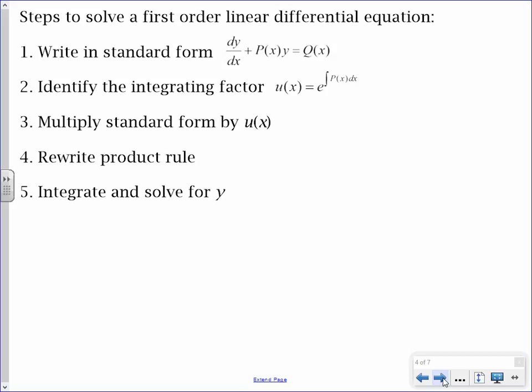Then the whole point of all that, remember we multiplied everything by u of x. You'll rewrite your product rule and then go through the integration.